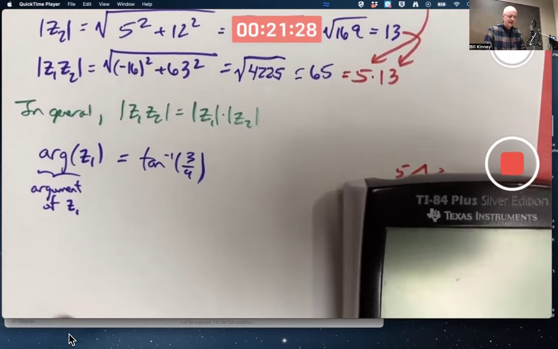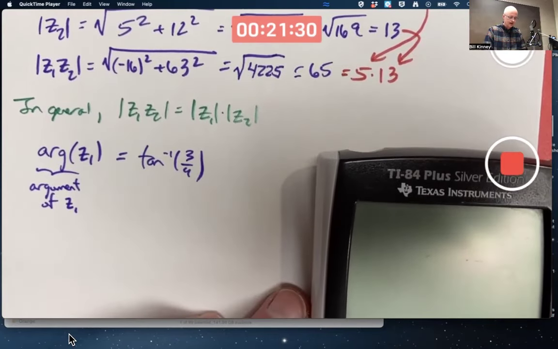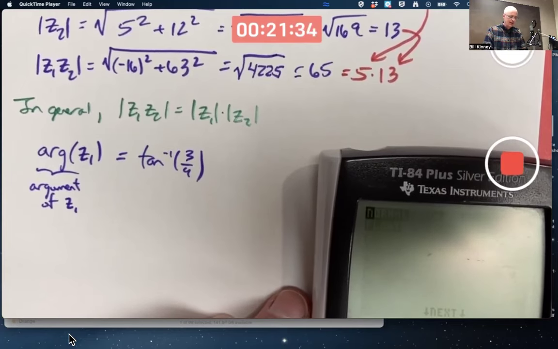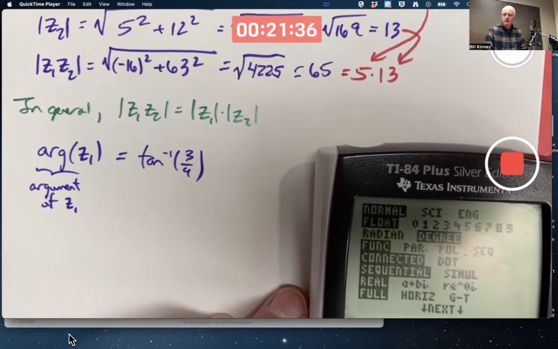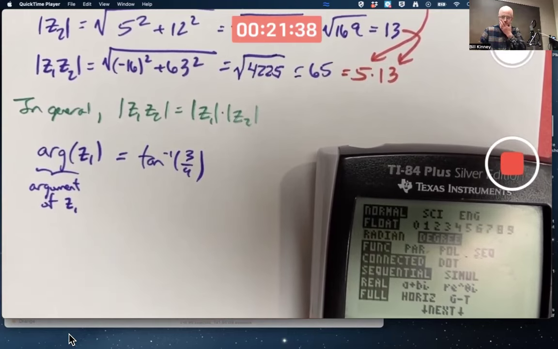And just to keep the interpretation simpler, if you use your calculator with me here, go to your mode and make sure you're in degree mode instead of radian mode. We use radians 99% of the time in calculus because it makes calculus simpler.